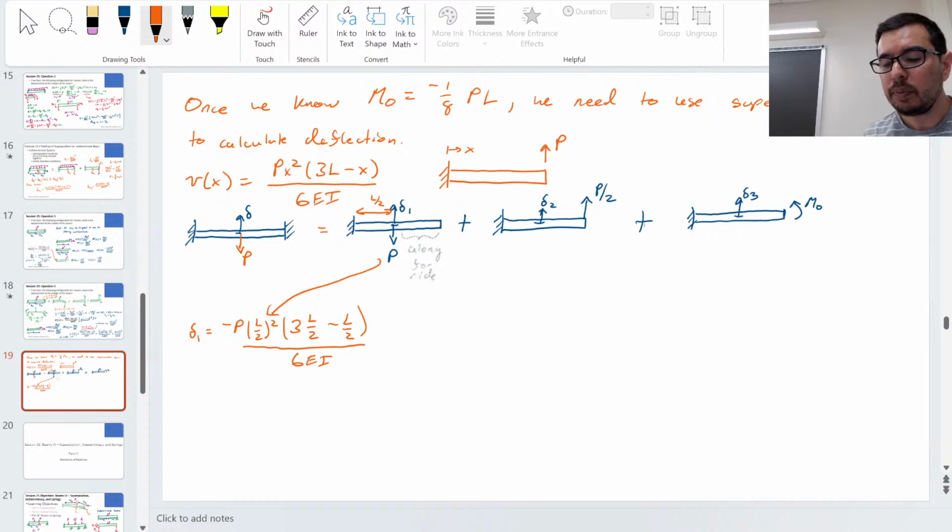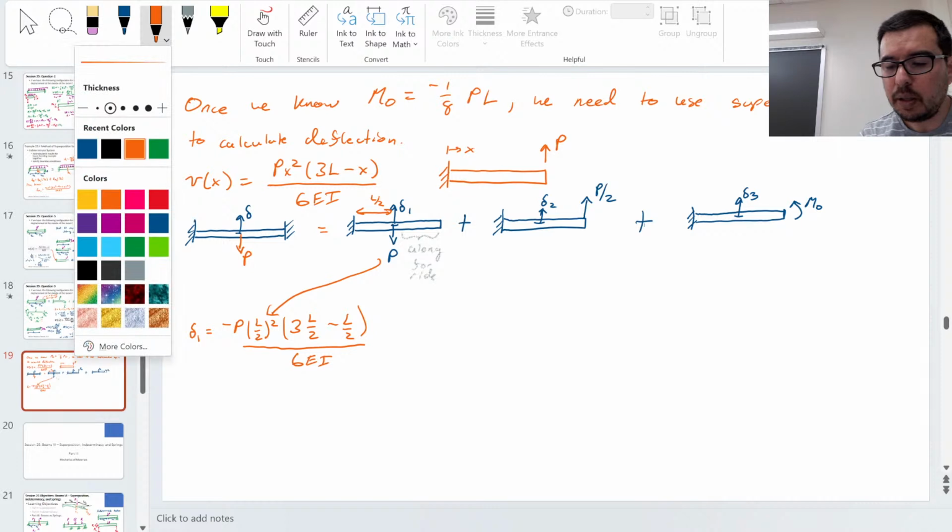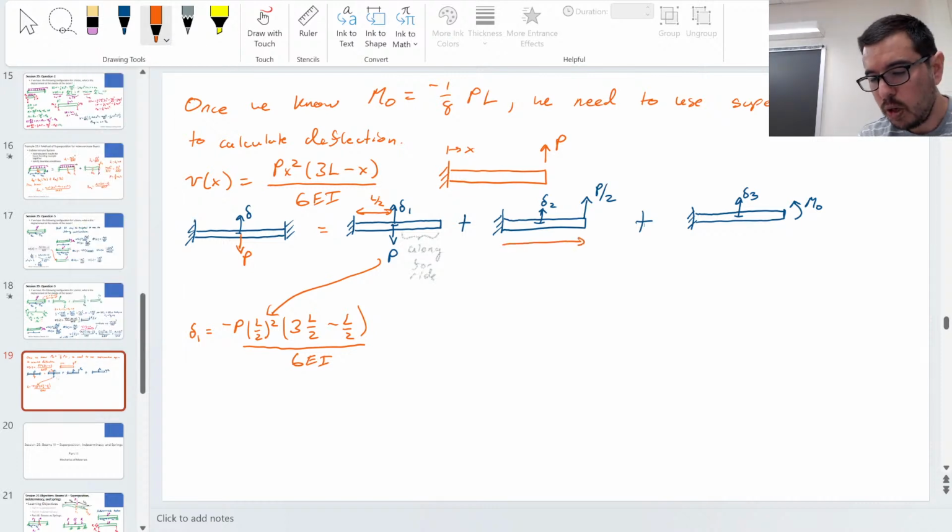Are we good? This one has a beam length of L, but this is at L over 2. So x equals L over 2. Now, when we write out the expression for delta 2 and we use this equation, what do we use for our force?